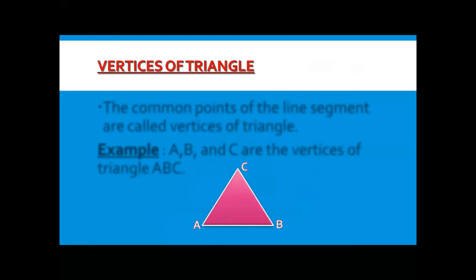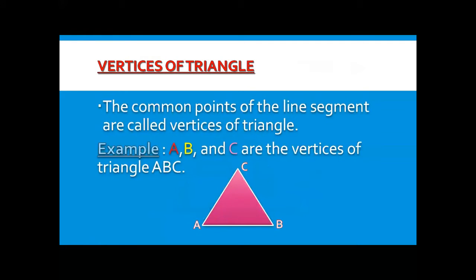So, what are the vertices of a triangle? The common points of the line segments are called vertices of a triangle. Common point means the corner of the triangle. This is the first corner. Look at this one. A represents the first corner, the first vertex of the triangle.